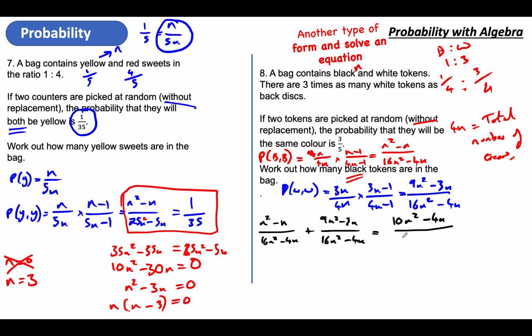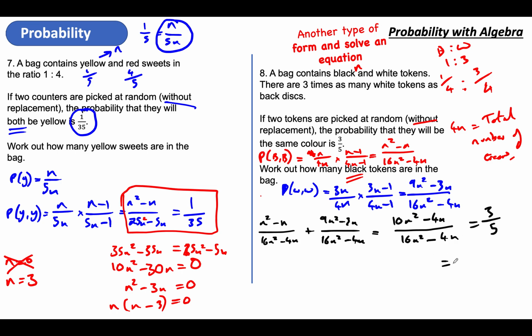over 16n squared minus 4n. Phew! Now it tells us that that is equal to 3/5. So let's do a little bit of solving here. Let's times both sides by 5 to get rid of this denominator, and then times both sides by the bottom of this one.